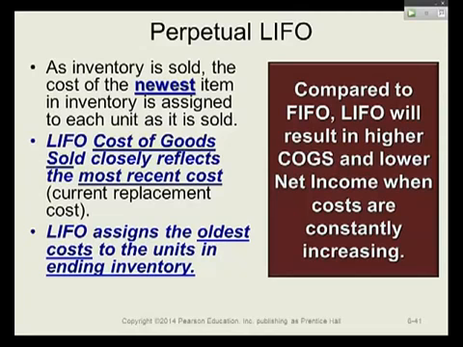The oldest units may not really be there, and I'll explain that in a second, but it's very strange to see a business that runs this way. Can anybody think of a business that runs on a last in, first out basis? In other words, the last units in are the first ones you sell, and all the old ones are still there, if the units really flow that way.